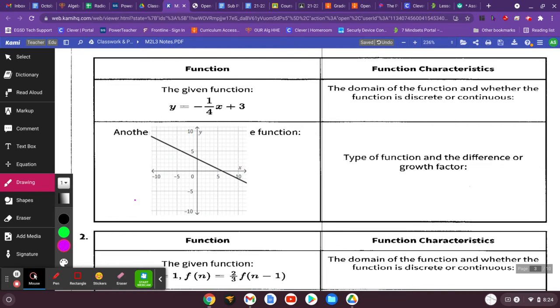Okay, so I know I need to start at 3, which is where it started, but I need to go down 1 over 4. So my next point would actually be right here. And then I'd go down 1 over 4, which is right here. So my graph would actually be like this.